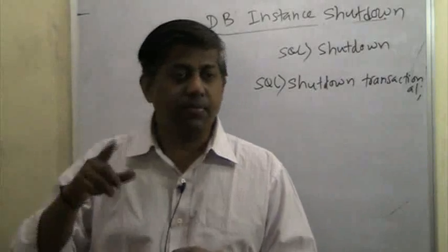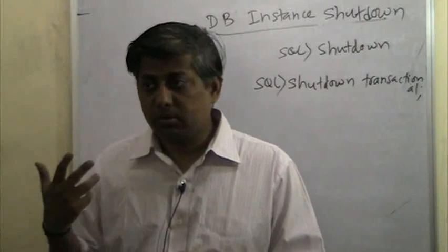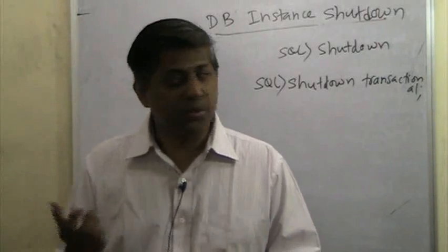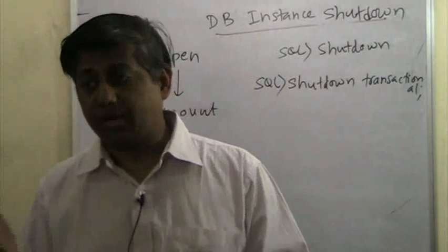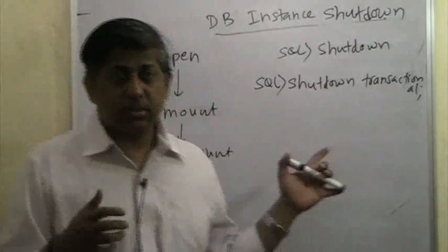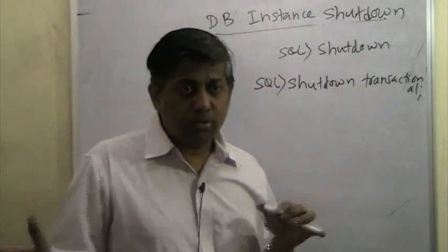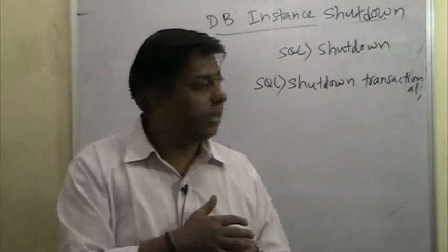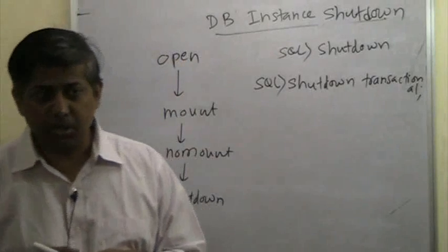That means until they finish their transaction. So when will they finish their transaction? God knows. If they take 2 days to finish their transaction, your shutdown transactional command will again not work. That means it will wait. So this is a little better option. It will not allow those 8 users to do any new work, but it will wait for those 2 existing users which are in the middle of a transaction.